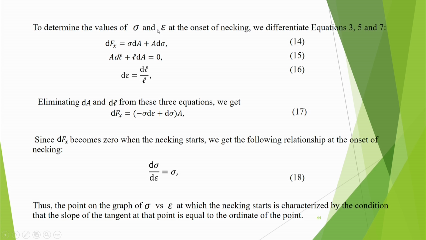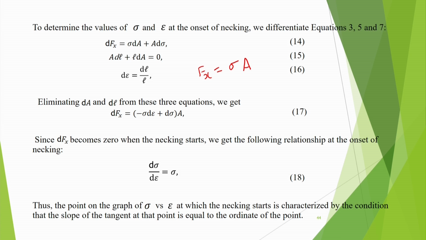So, to determine the value of sigma and epsilon, that means true stress and true strain at the onset of the necking, that means when the necking just starts, we differentiate the earlier equation of Fx. So, Fx is equal to sigma times A, that is the general one, because sigma is the true stress and A is the true area.